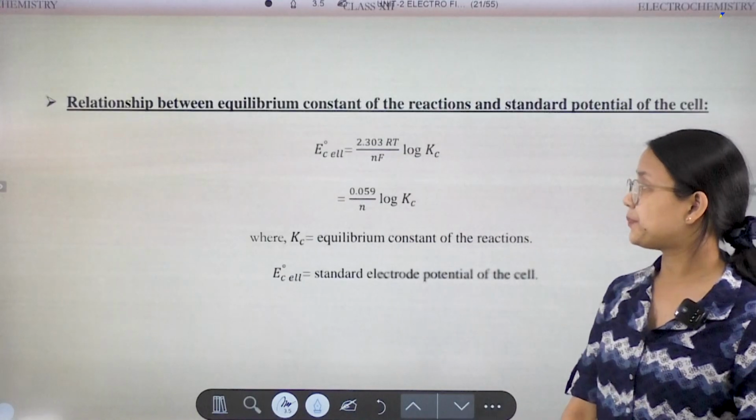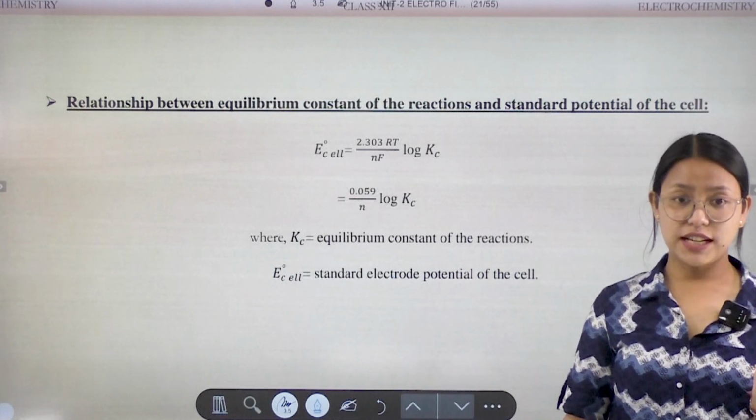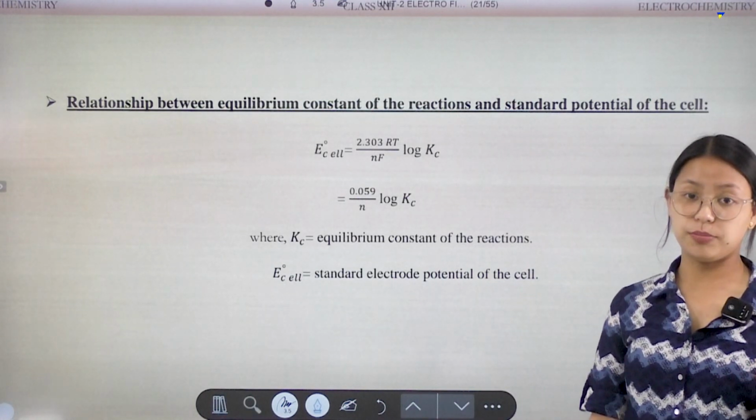Then let's see equilibrium constant, reaction rate or chemical kinetics.